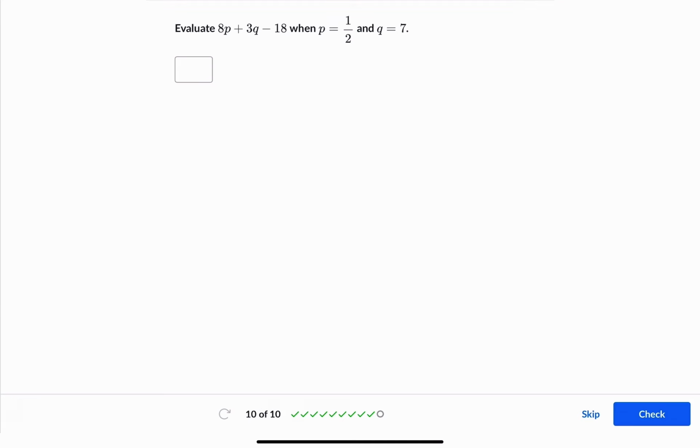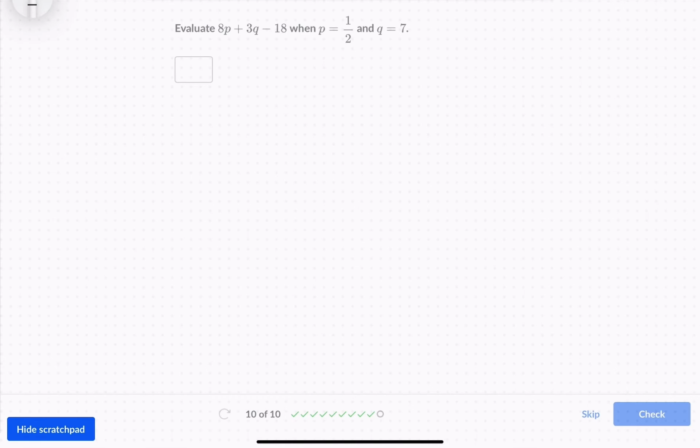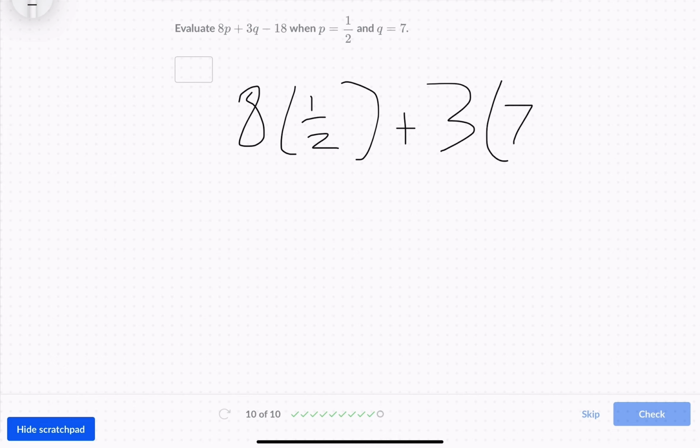Last question. Evaluate 8p plus 3q minus 18 when p is equal to 1/2 and q is equal to 7. So what we'll do is plug everything in. So 1/2 for p plus 3 times 7 minus 18.